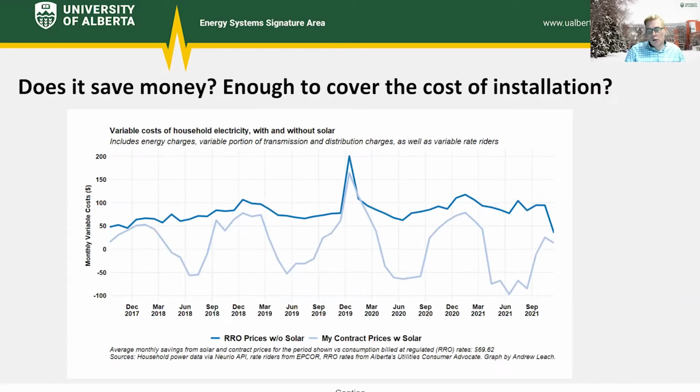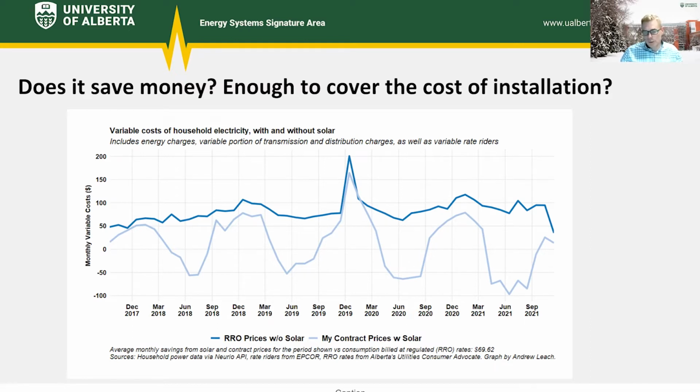So here's what it's looked like for us over the last few years in our little household energy system. The dark blue line is if we'd just signed up for the regulated rate electricity contracts and paid the prices associated with our consumption.